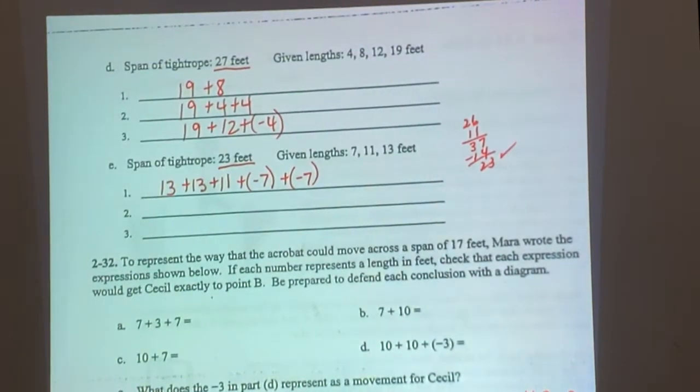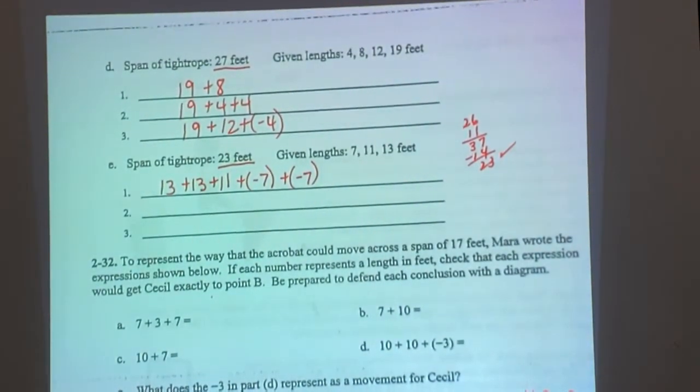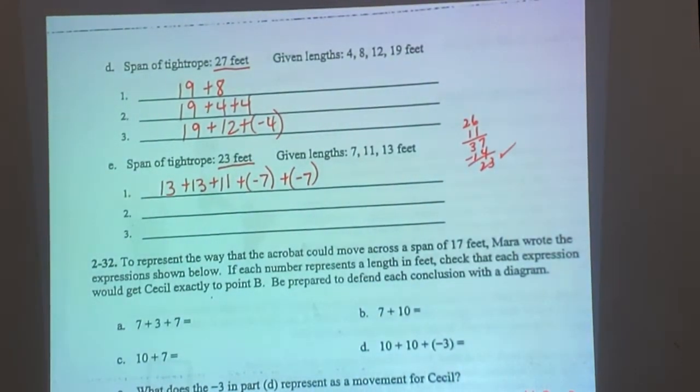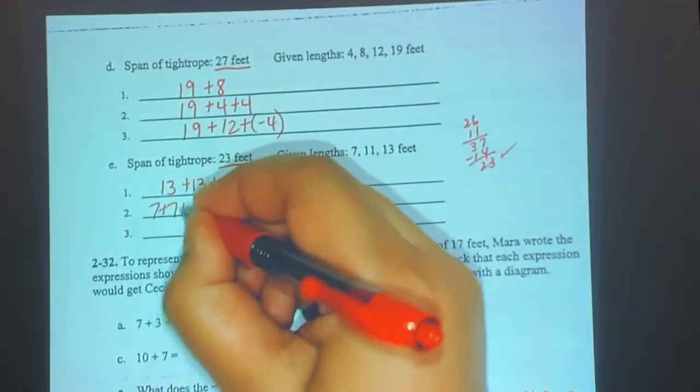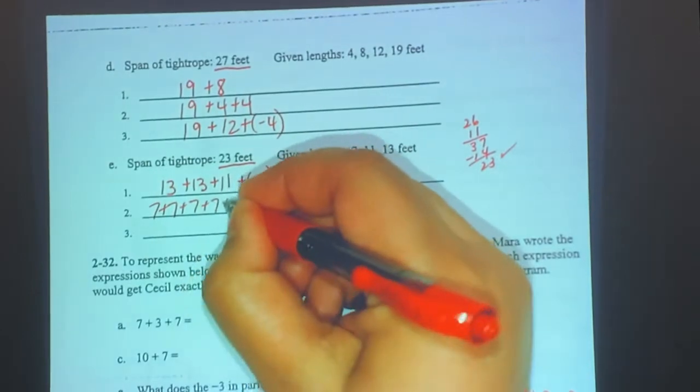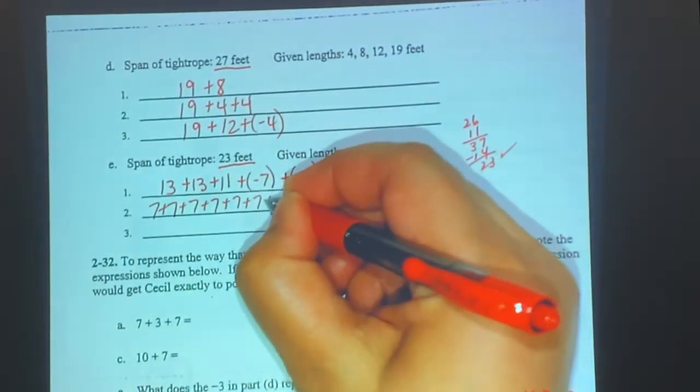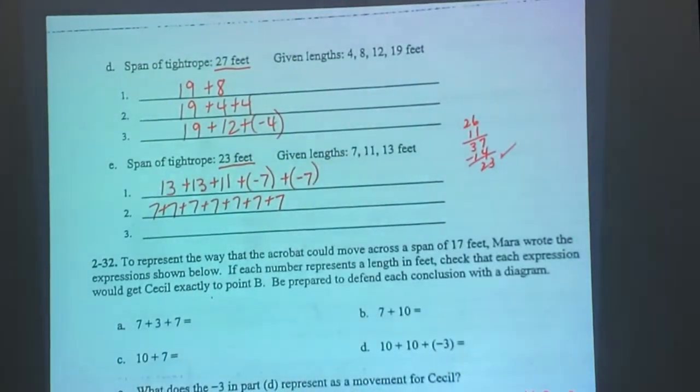The next two. So I have 7 sevens, which make what? 49?